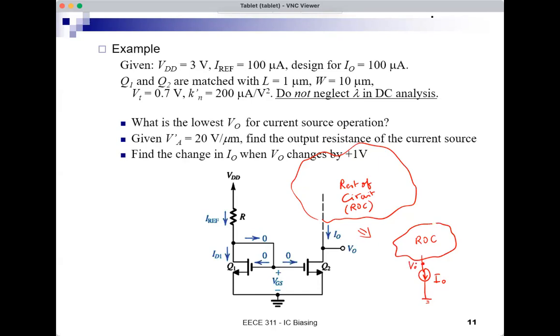How low can this voltage be while maintaining current source operation? And given VA prime equals 20 volt per micrometer, find the output resistance of the current source and find the change in the output current IO when the voltage at the output node changes by plus 1 volt. So 1 volt is delta VO, the change in VO. All right, so let's start with the solution.